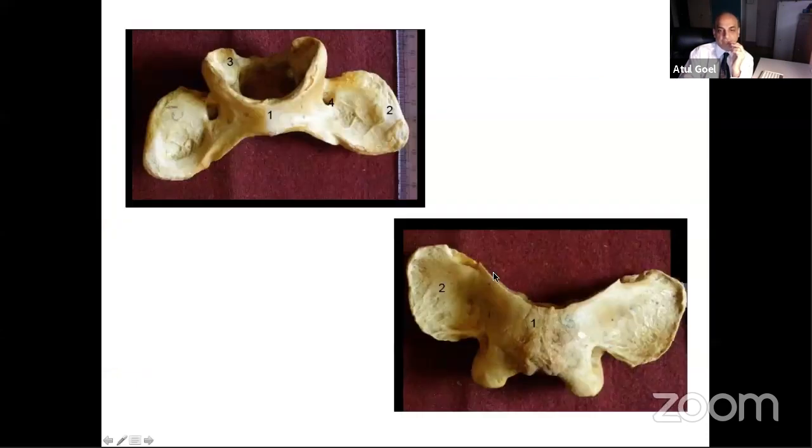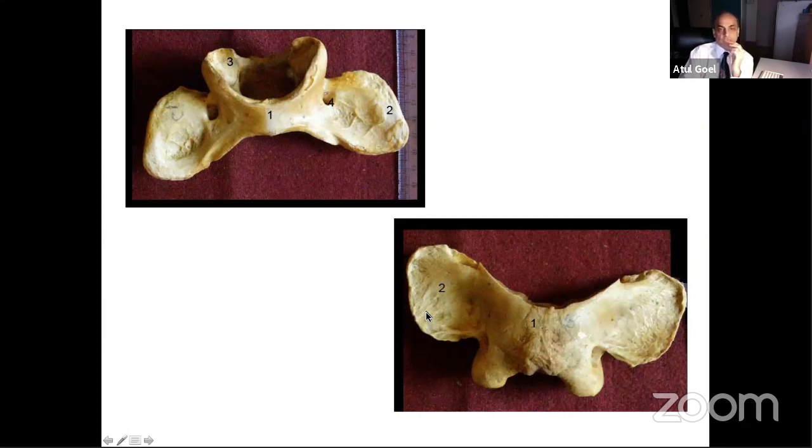You see the wide transverse. This is the C1. This is the superior surface of C1. This is the groove for the vertebral artery. Large, flat transverse process to give attachment to the huge muscles that are attached here.